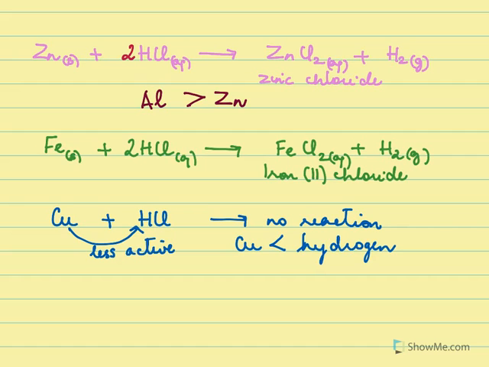Hence, copper does not react with any acid. Silver and gold do not react with acids at all. So they are all less reactive than hydrogen. They are unable to displace the hydrogen from the acid.